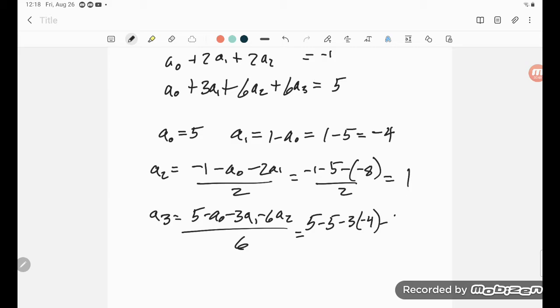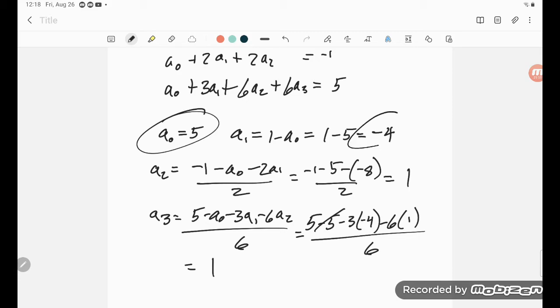And a2, minus 6 times 1, all divided by 6. So that is equal to, well, 5 minus 5 is 0. Positive 12 minus 6 is 6. Oh, 6 over 6, I guess I get 1 again. Okay, so there are my coefficients, the 5, the -4, the 1, and the 1.